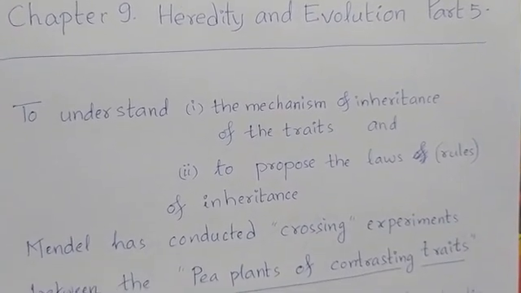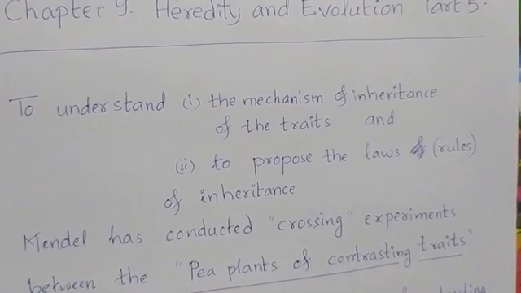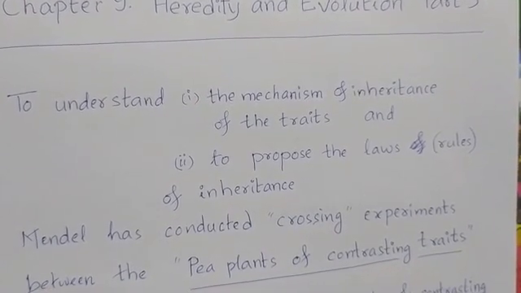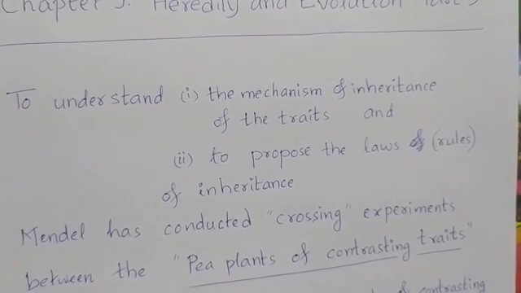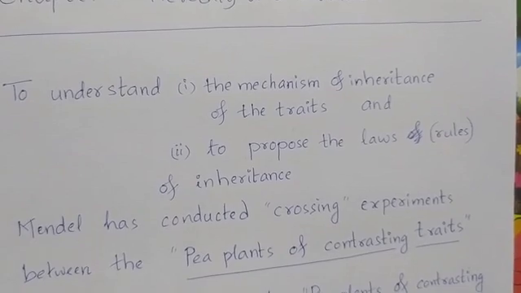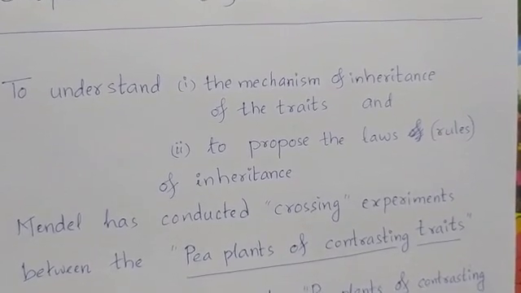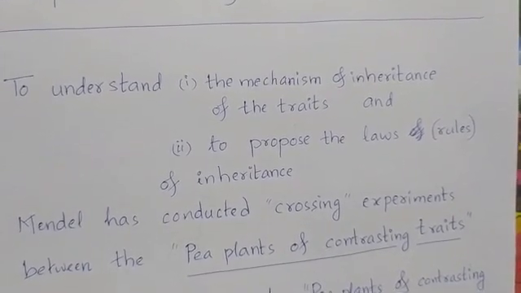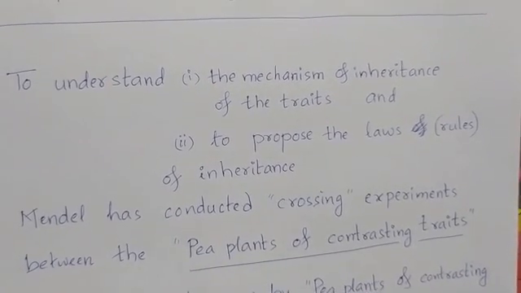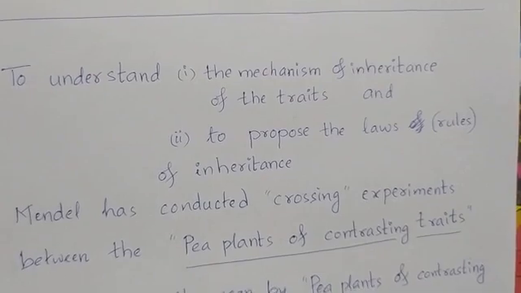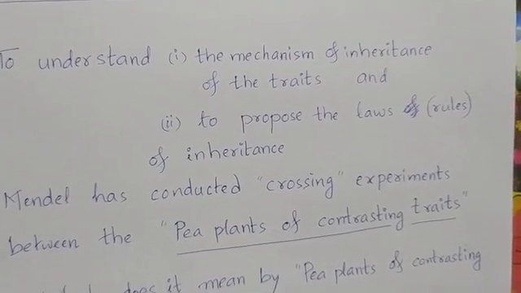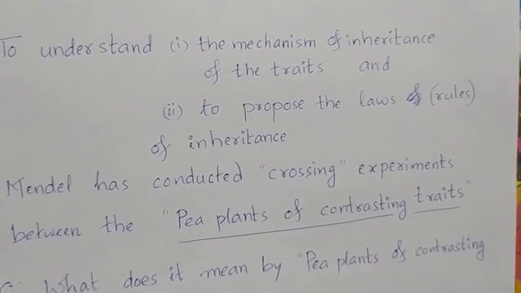Because the garden pea plants have got many different traits of contrasting characters, and they can be grown in a small space since the plant size is very small and the maturity period of the plant is less.